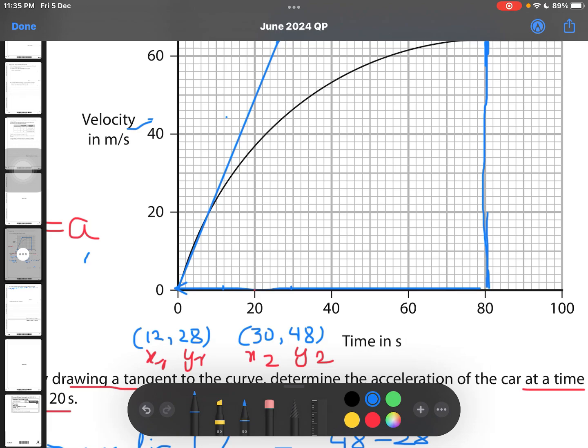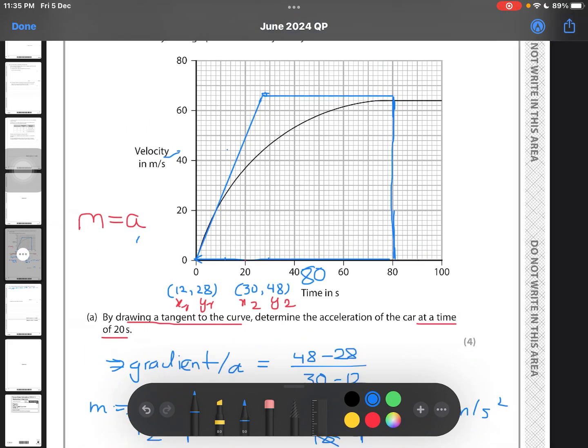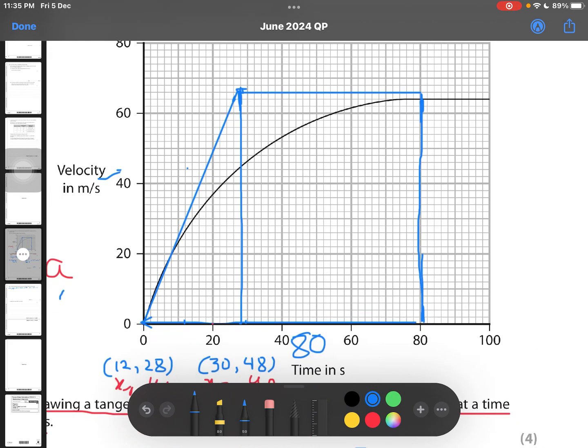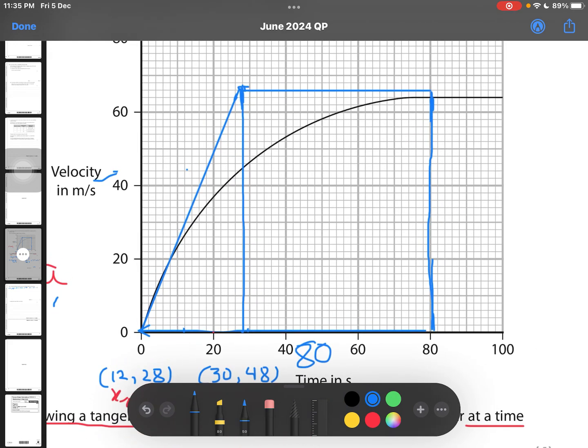So over here, of course, we'll have 80. And over here, let's say we started from here. So this is 28. So 80 minus 28 is 52. So 52 over here. The height we have here is 66.